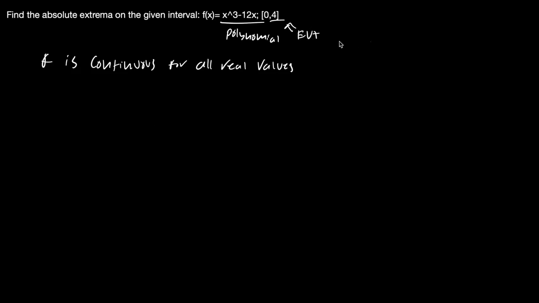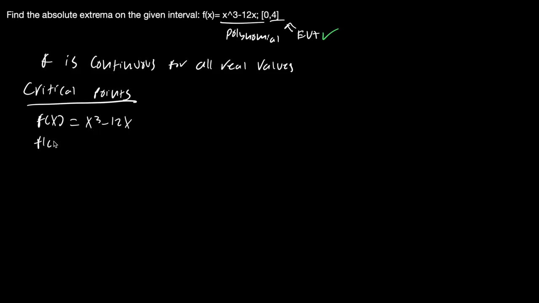This is going to be the last practice problem. Good to go for EVT. Next step, critical points. Our parent function is x cubed minus 12x.